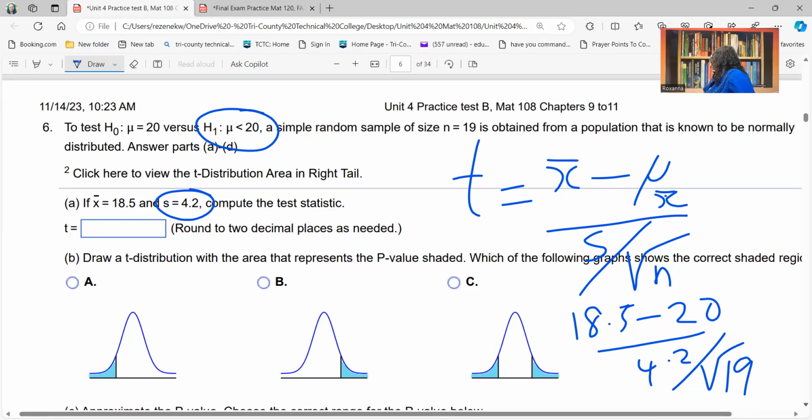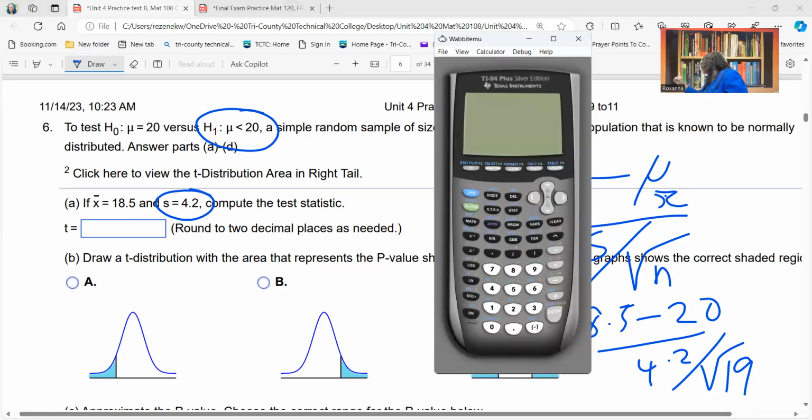The most important thing is, do you know the formula to use? That's very, very important. Because if you're given the sample standard deviation, it's another way. You might not be told to use T distribution, but it's another way of telling you it's a T distribution question. You're given sample standard deviation. Then what kind of test are you doing? It is a T distribution hypothesis test. So suppose you are in a hurry and you want to put it in your calculator, you must need to know that you're doing a T test.